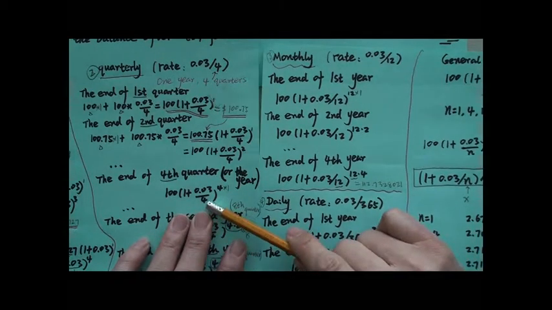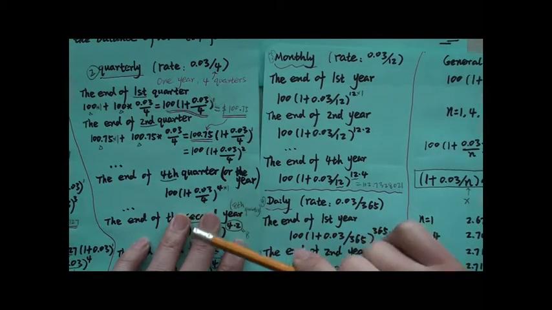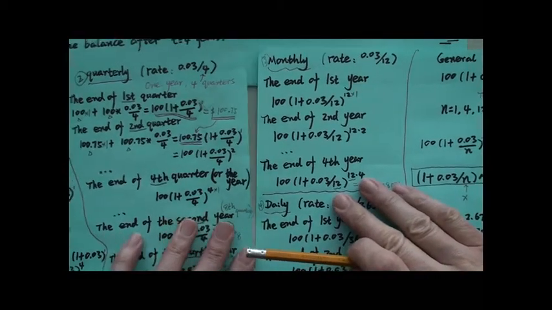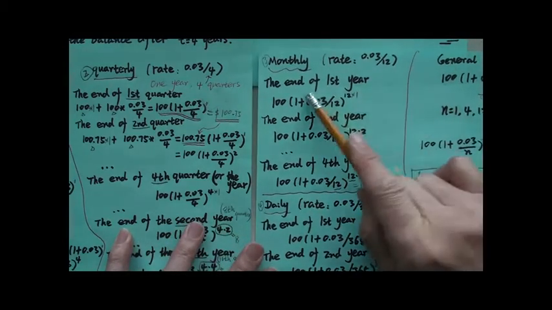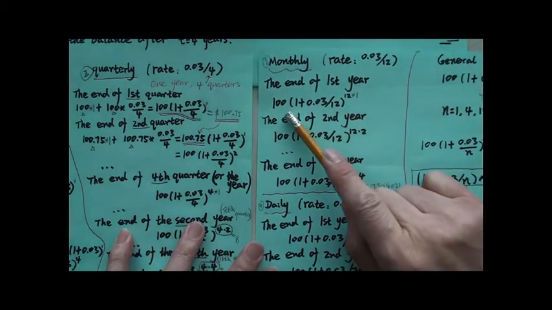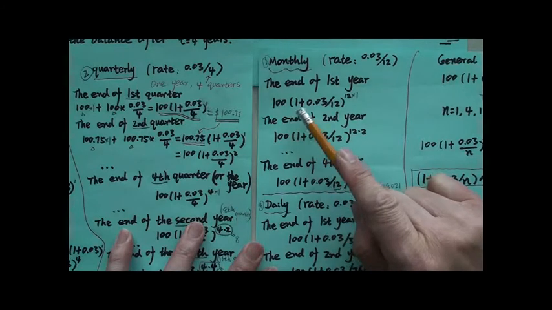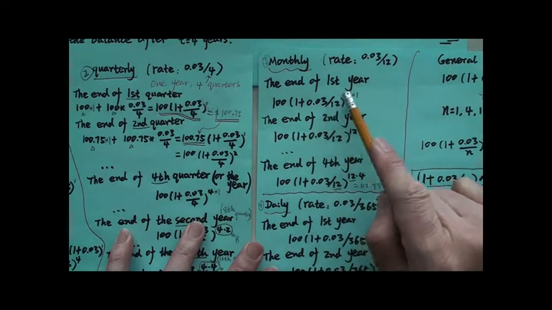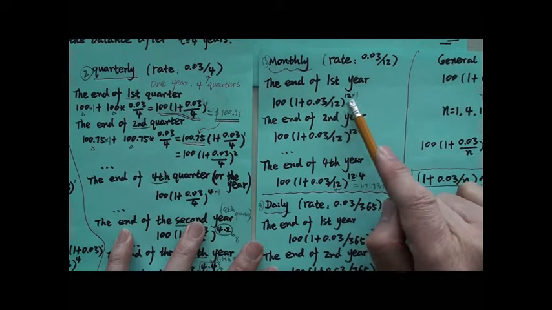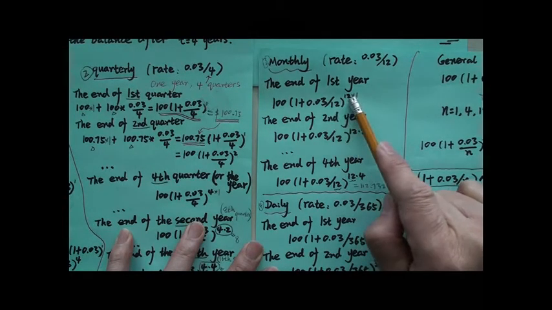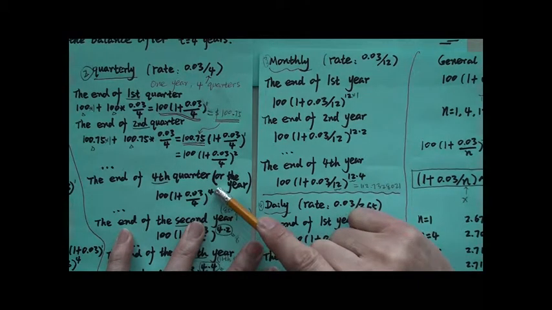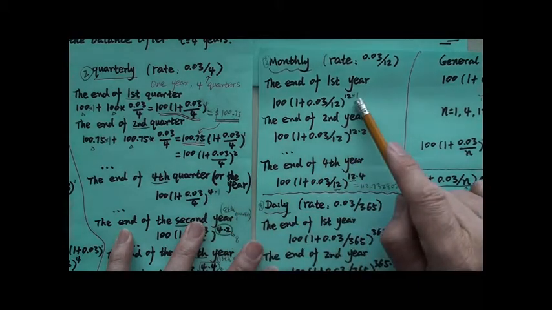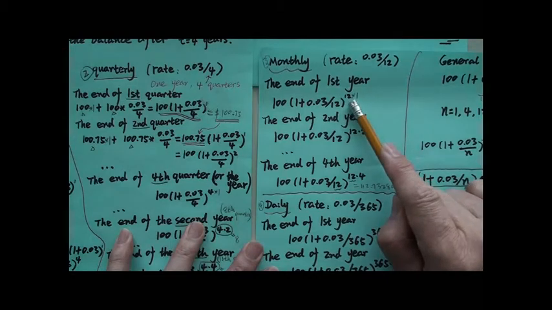Now here 4 is 4 quarters, that's a year. So similarly right here, the end of the first year, you should have 100 times 1 plus 0.03 over 12 to the 12, because each year has 12 months. Here each year has 4 quarters. You can write times 1, but you don't need to.